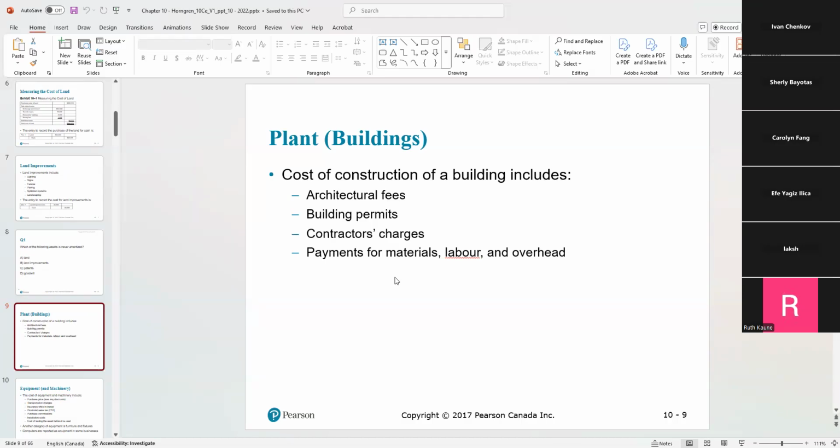It will be the entire cost to build the building until somebody tells you that now you can use this building for the purpose that was intended. So if you're building an office building, you're going to start with the architectural fee, the building permit, the contractor charges, the payment of material, labor, overhead, all the things until somebody says this is the schedule, something that tells you that you now have a letter of occupancy or whatever it is.